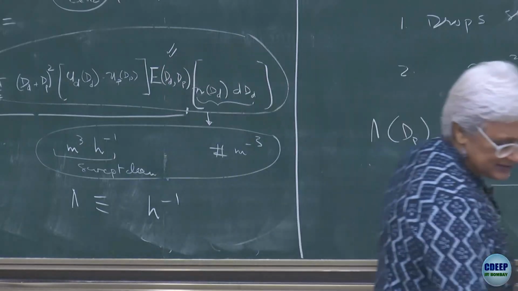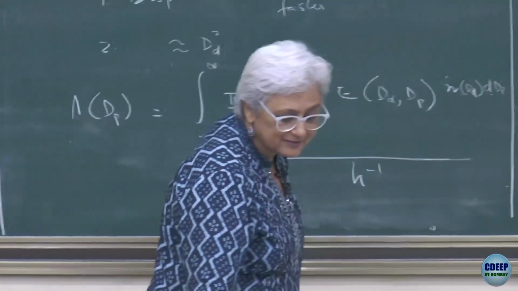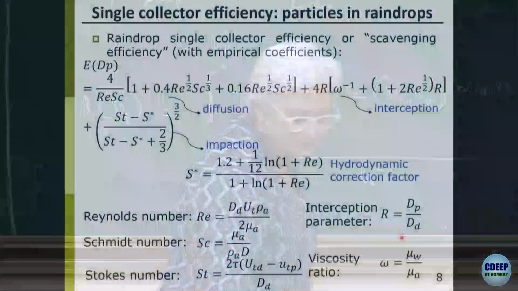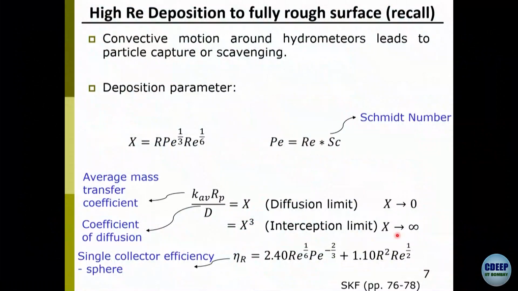You go to the pure theory case, right? For example, if you wanted to do that here, you would go to something like this for pure diffusion, right? You know what x is in terms of Reynolds, Peclet number, etc., and you can calculate for yourself, in this case, a deposition velocity equivalent, a wet deposition velocity equivalent.